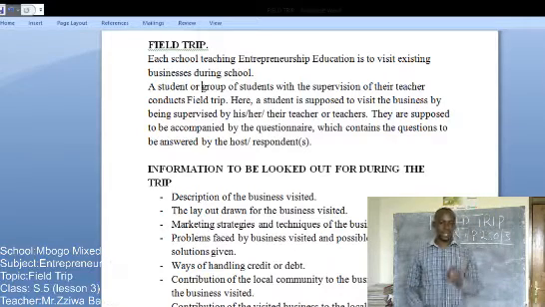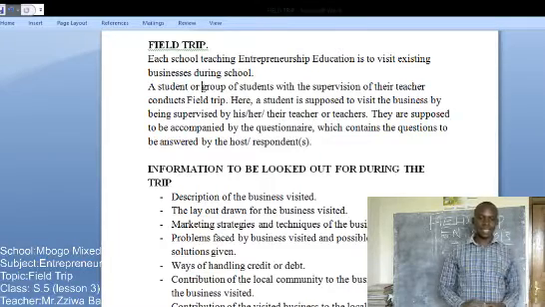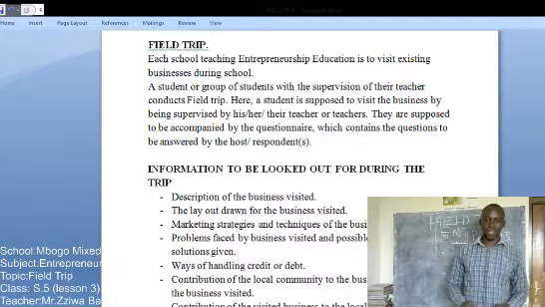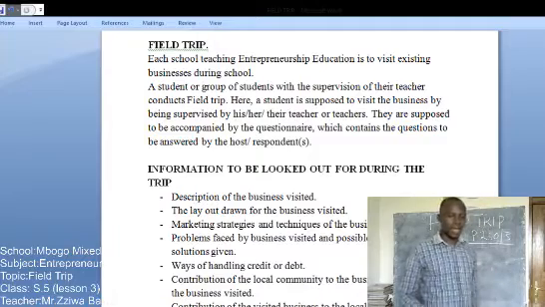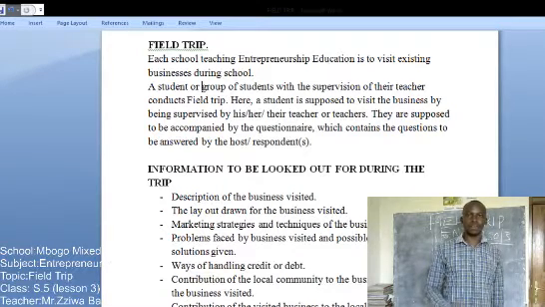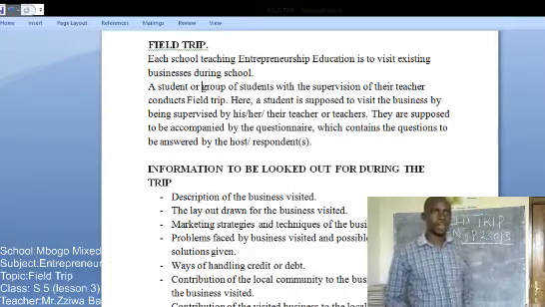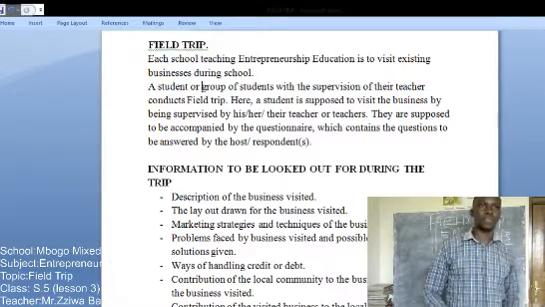It is mandatory and compulsory for each and every school to visit at least a business of their own choice. Learners must be accompanied with their teachers, and some questionnaires are supposed to be developed in advance before going there for any given field trip.